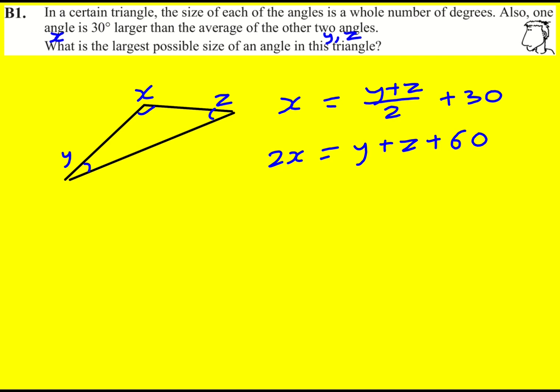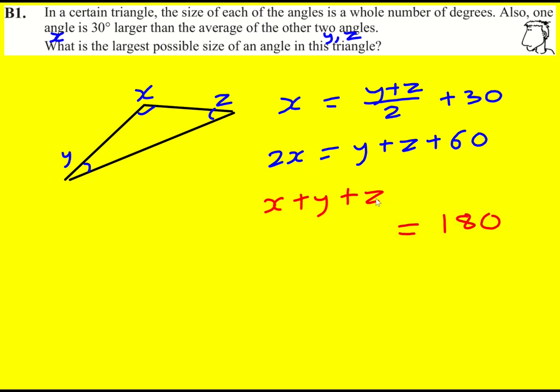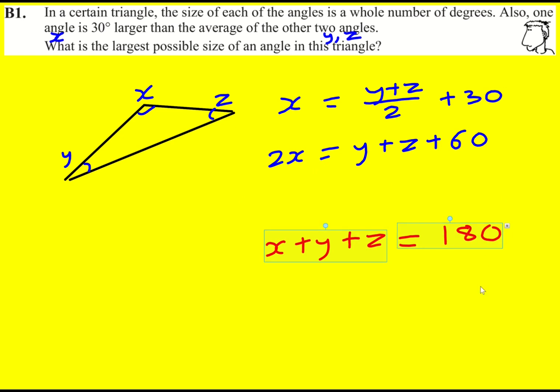Now we also know, of course, that x plus y plus z must equal 180 degrees. Therefore, I could actually rewrite the previous equation to make y plus z the subject, and then I can substitute in. That seems like a good idea.